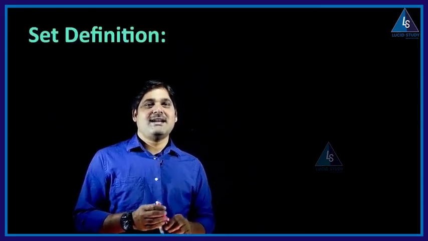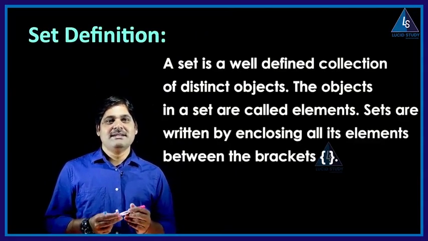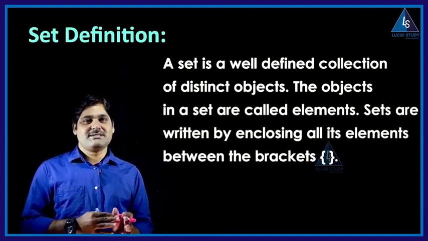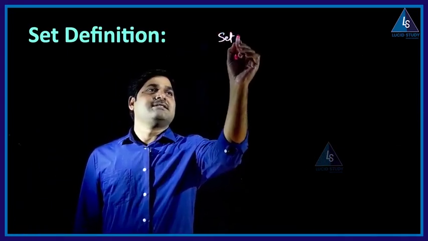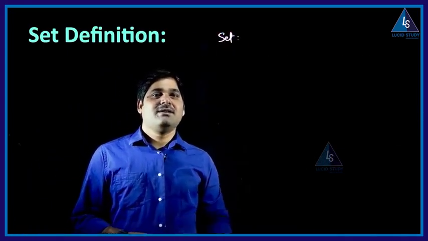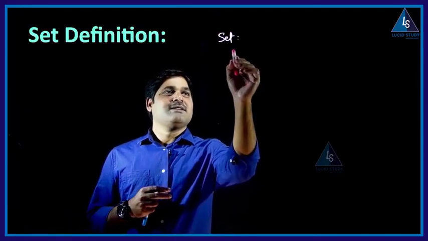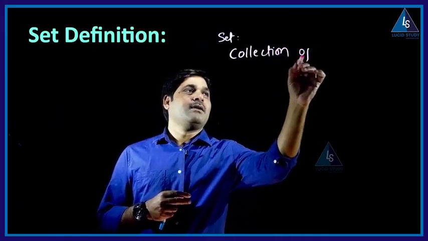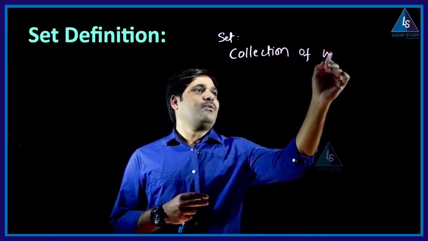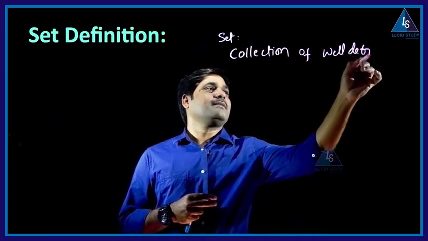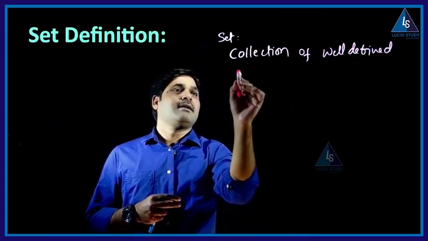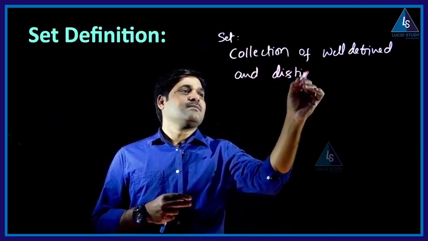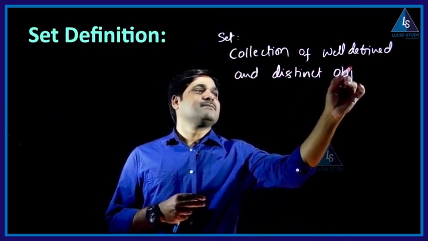So the set definition will be like this. A set is a collection of well-defined, distinct objects. I will write the meaning of set: collection of well defined and distinct objects.